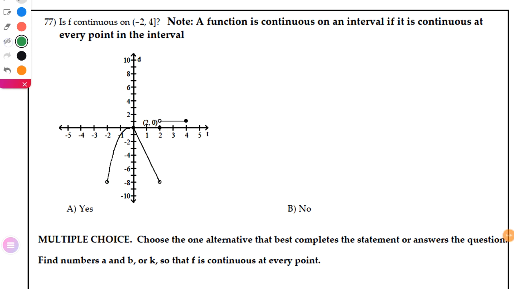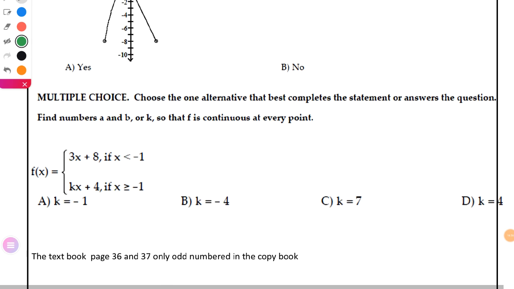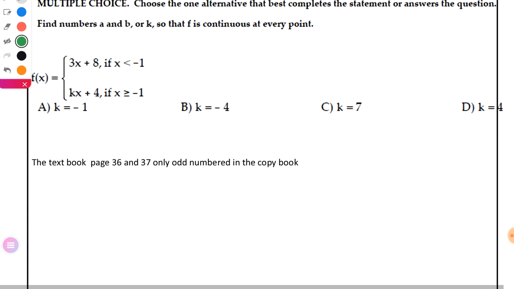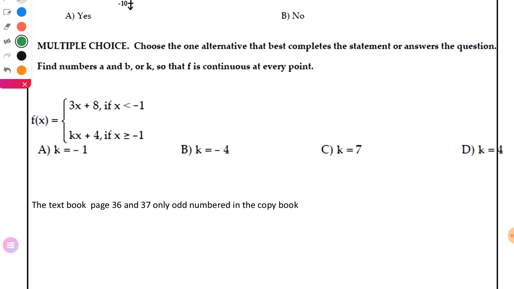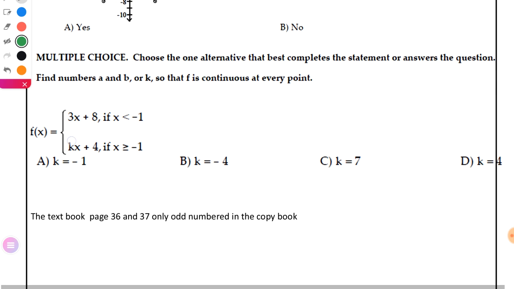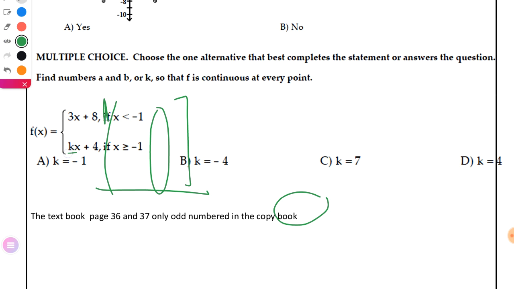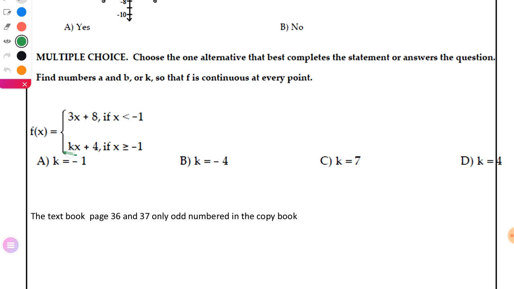Okay, let's see the next question. Yes, this question is very, very important. Look here. I ask you to find numbers A, B, or C, or K, whatever variable is included in the problem. Here in this problem, we have the variable K. It asks you to find K such that this function is continuous everywhere.